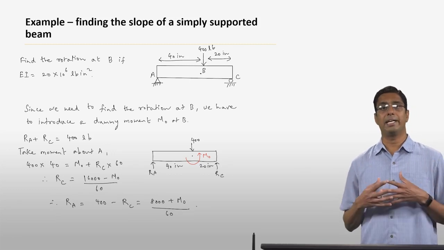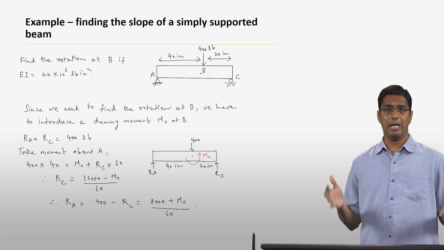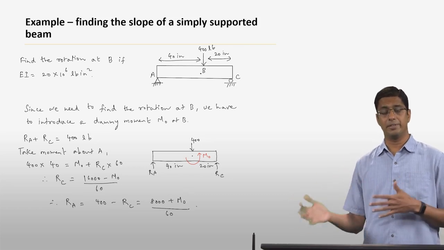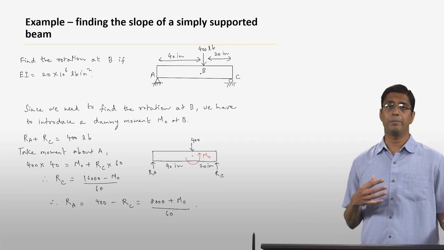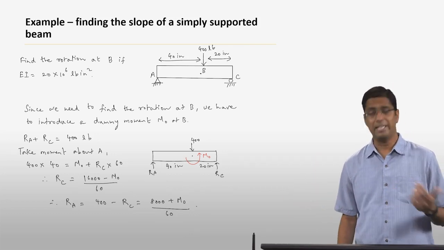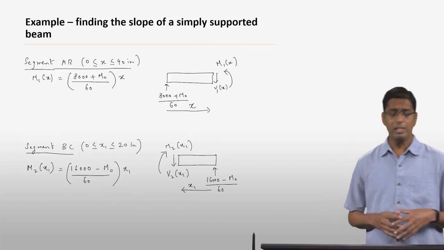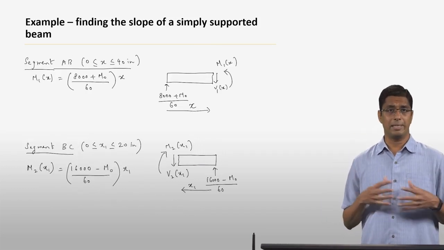Now, once we know RA and RC, we can find out what the moment function is between A and B and between B and C. Again, there is going to be a discontinuity in the moment function, so you'll have separate moment functions for the segment AB and the segment BC. We have seen these things multiple times previously. Now let's look at the segment AB.